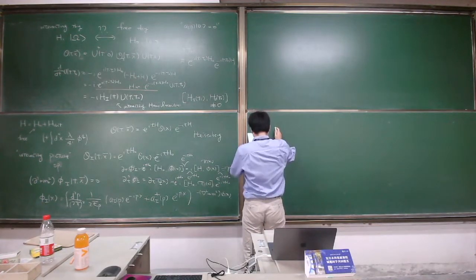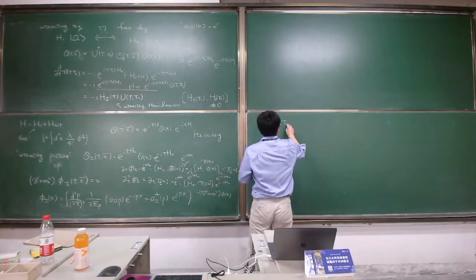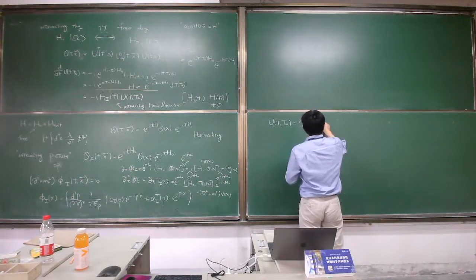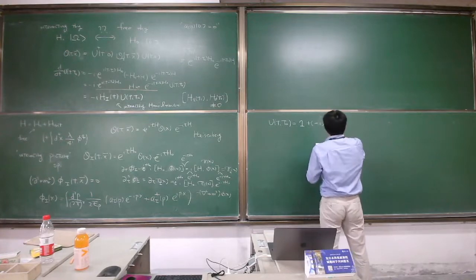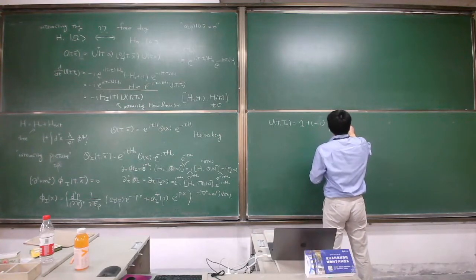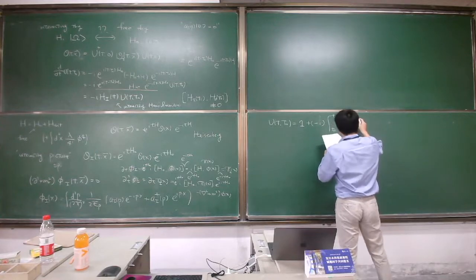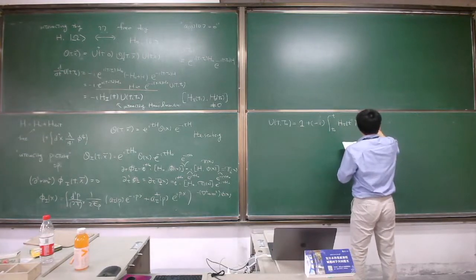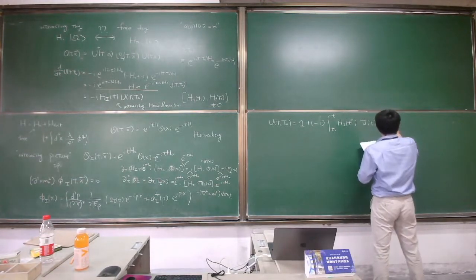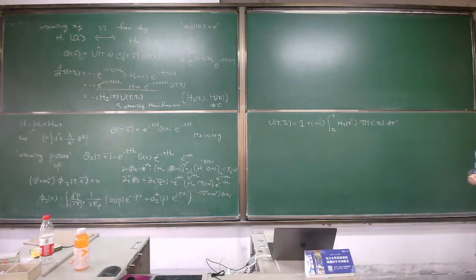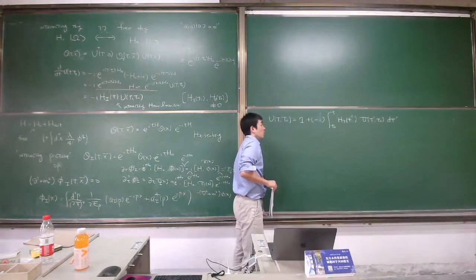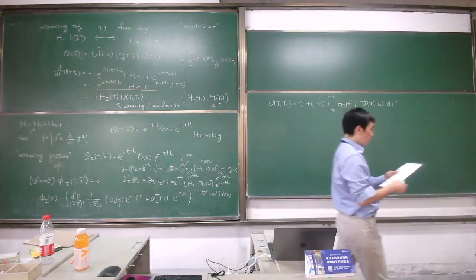This is a differential equation, but a differential equation can be written as an integral equation: minus i, integral from t naught to t of H_I(t prime). So this is the integral equation.